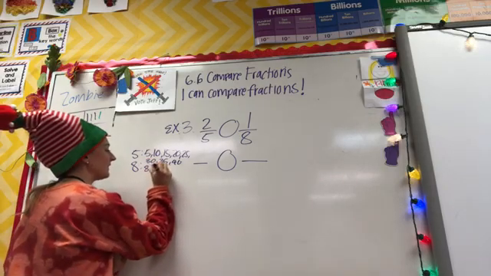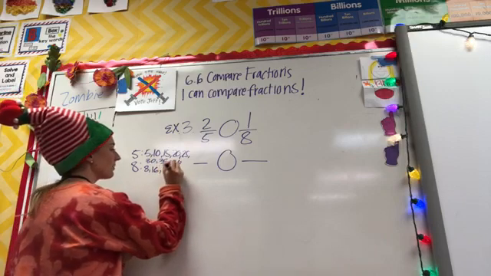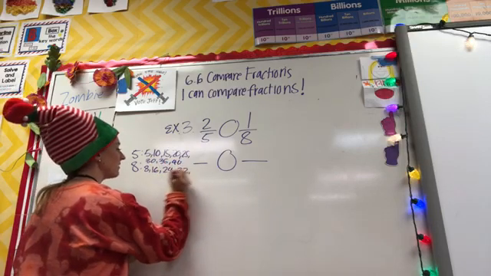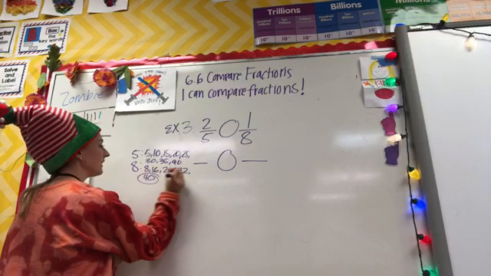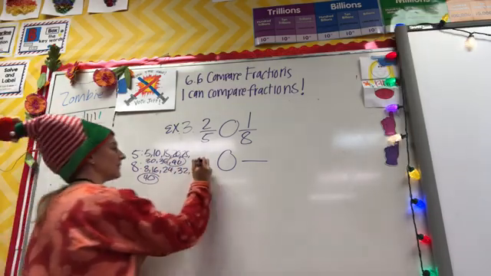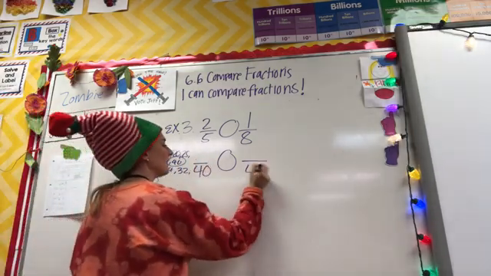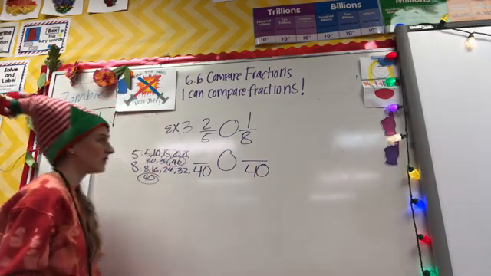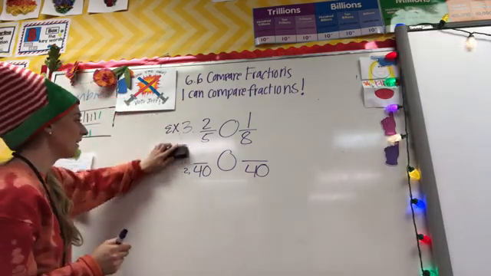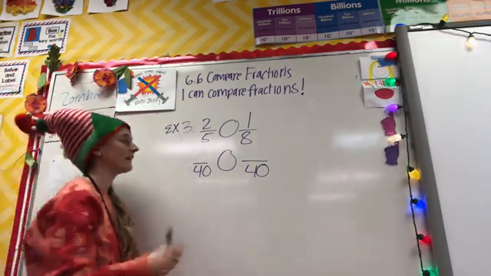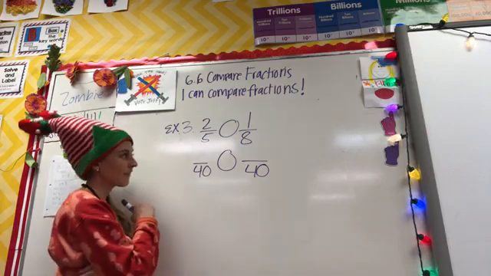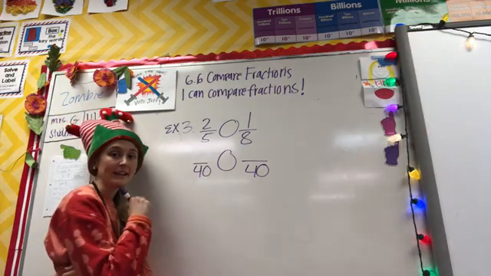Multiples of 8: 8, 16, 24, 32, 40. So you see that the first multiple they have in common is 40. But you also could have known that by just doing 5 times 8 and saying, oh, 5 times 8 is 40, and putting that there, okay? So either way is great.